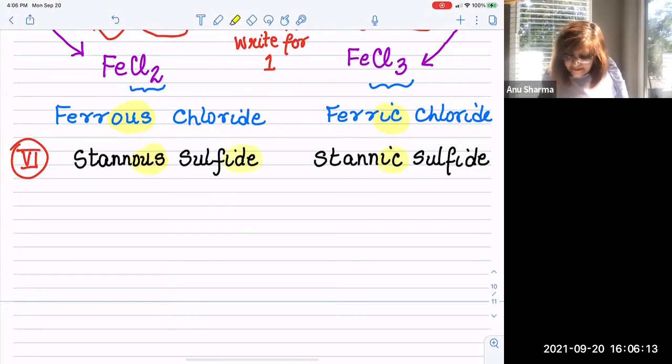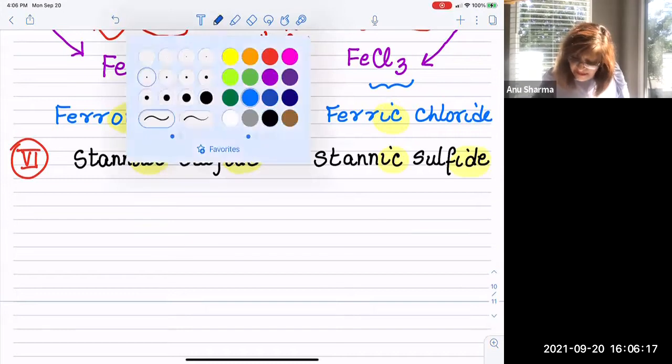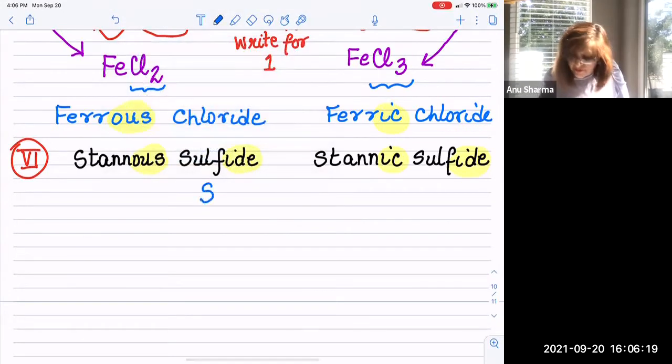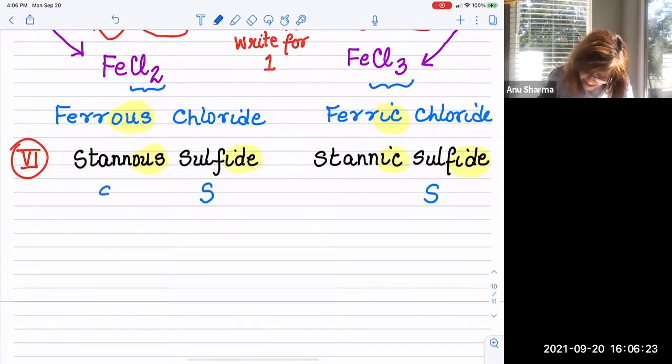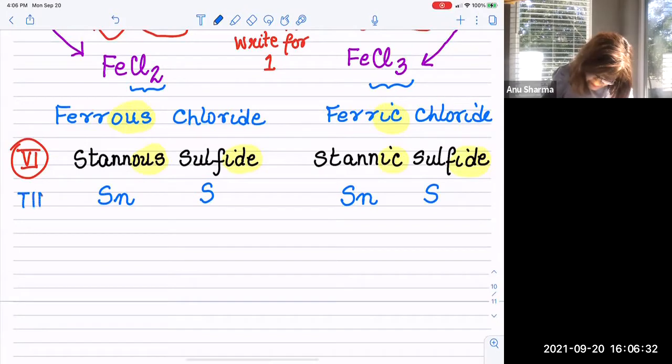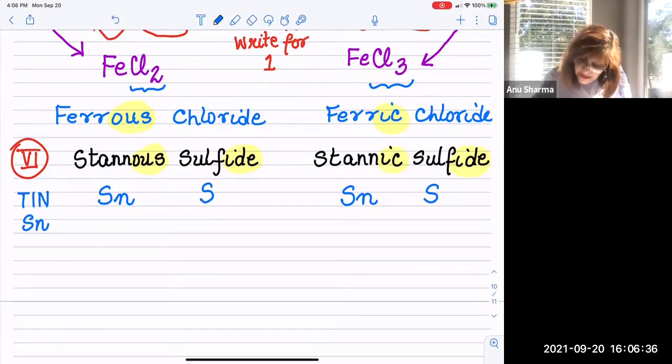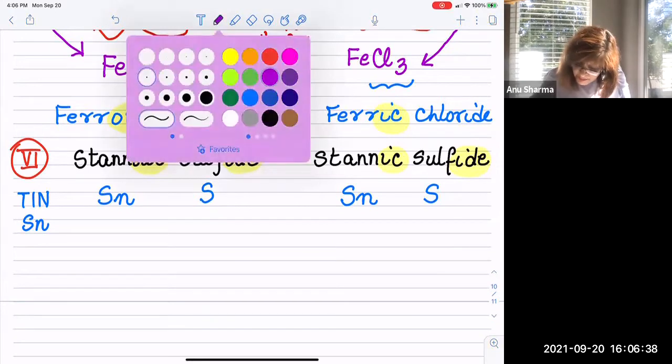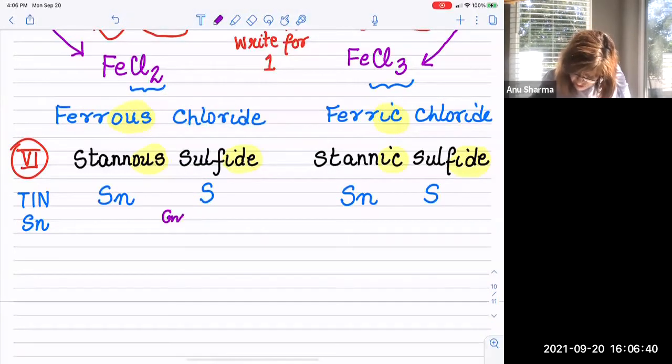Sulfide, that means it's just sulfur. Okay, so write down this: sulfide is just sulfur. Stannous, Sn, that's the formula, and this relates to tin. Tin is Sn.